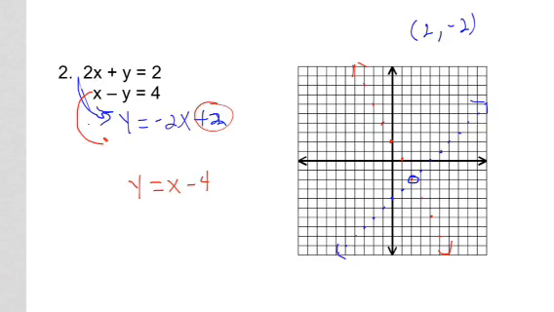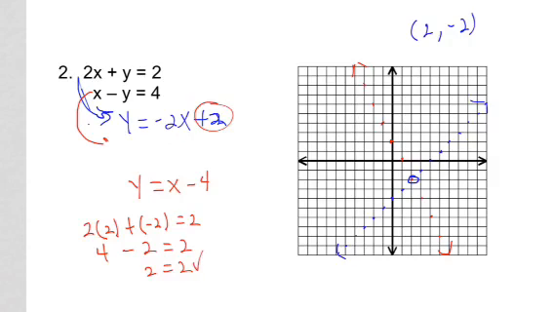So our first equation was 2 times our x value of 2 plus our y value, which was negative 2, equals 2. So 4 minus 2 equals 2. 2 equals 2, that's correct.